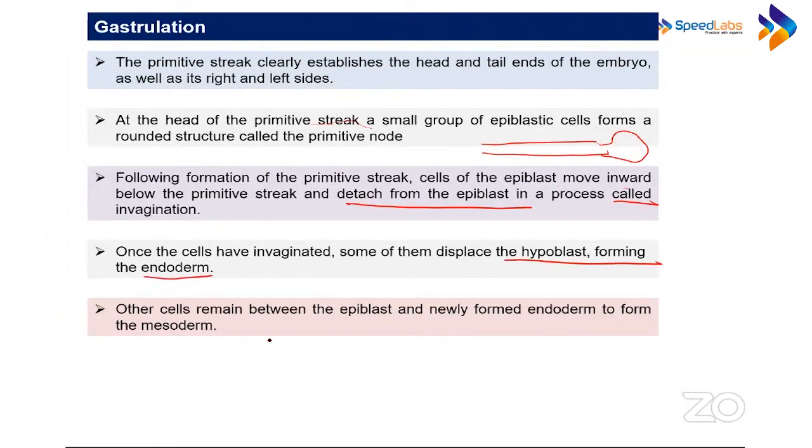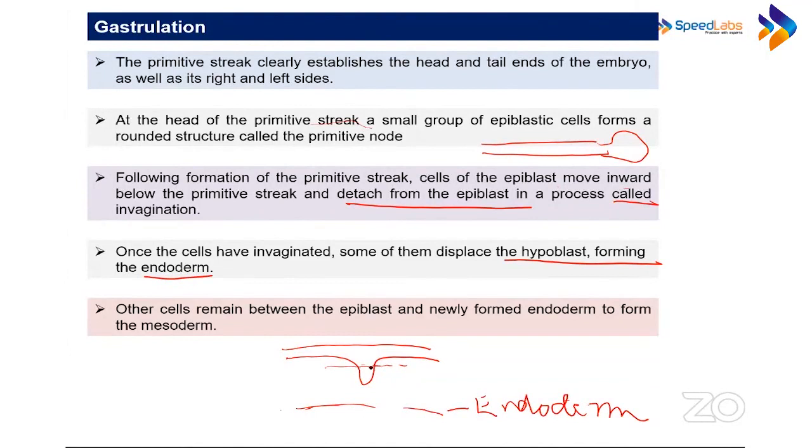I told you ना, पहले एक primitive streak बनेगा, उसके बाद in the epiblast only, and then ऐसे invagination से cells will detach, और जो detach होके नीचे गए, this is endoderm, and this is going to replace the hypoblast.